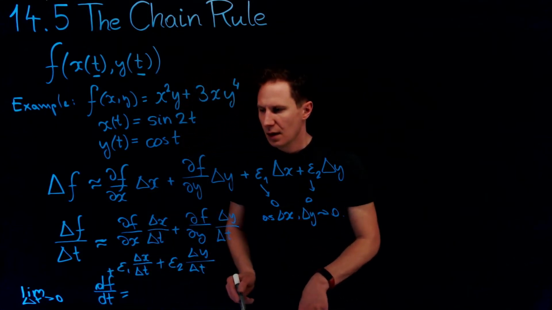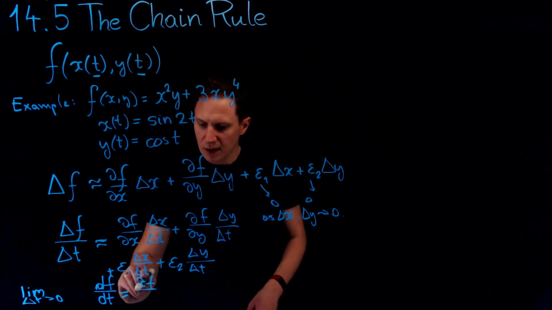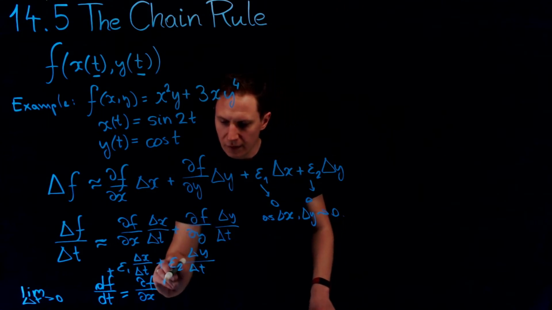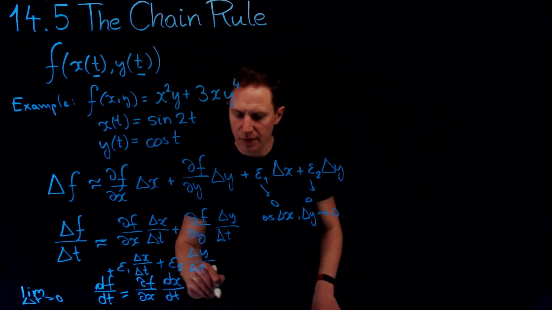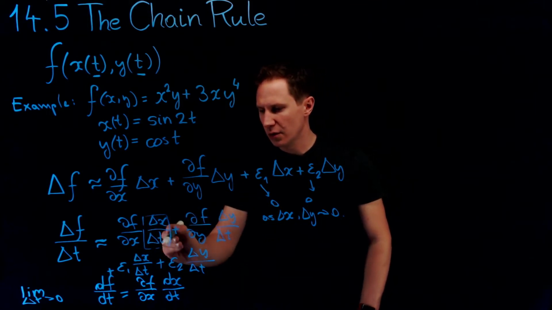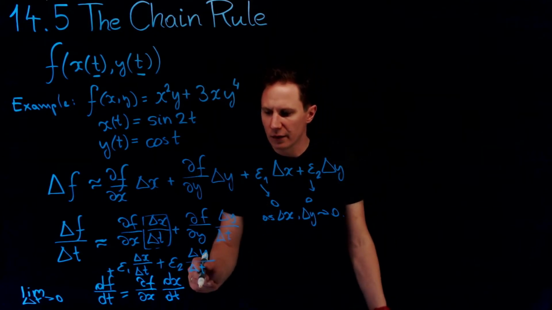In the first term we have the partial derivative with respect to x multiplied by the derivative of x with respect to t. Remember, x is a function of t, so this ratio will converge to the derivative as delta t goes to 0.